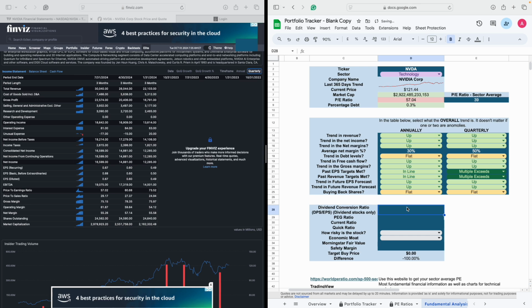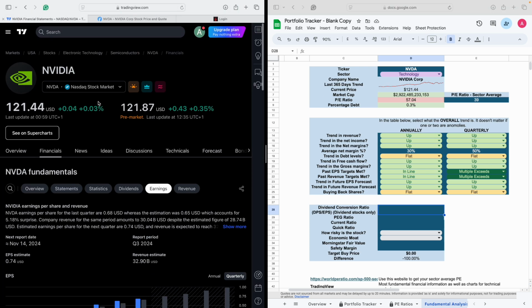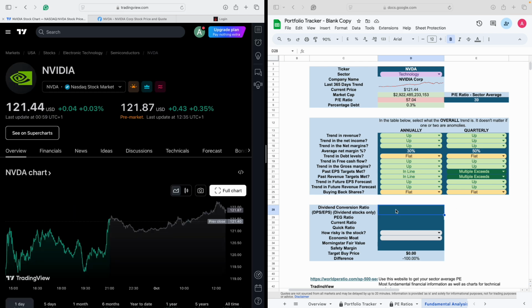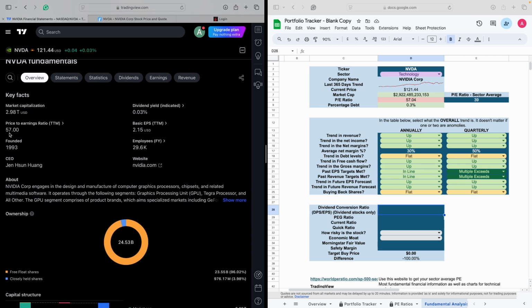The next thing is the dividend conversion ratio, and I'm going to go back to TradingView for this. What this means is you take the dividends per share that they normally pay divided by the earnings per share that they earn. So if I work this out, you've got the earnings per share over here. They make 2.15 dollars per share.